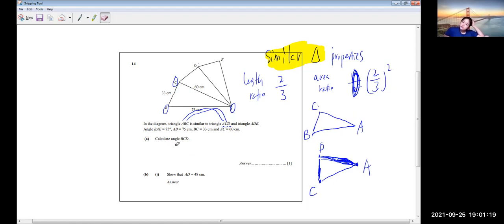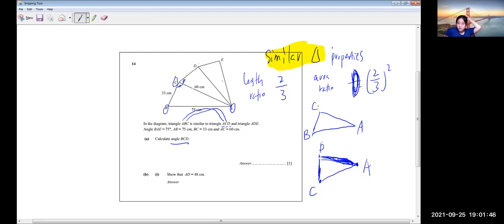Over here it says calculate angle BCD. What is angle BCD? BCD is here, these two. What do you think, what do you need to use? To find the ratio of BA to CA.